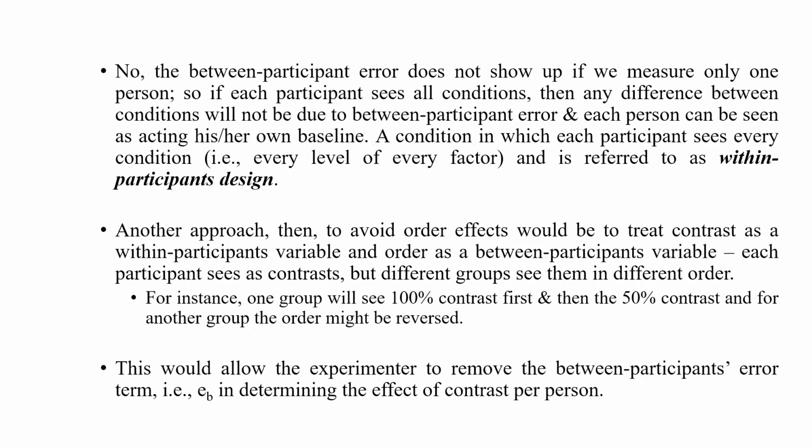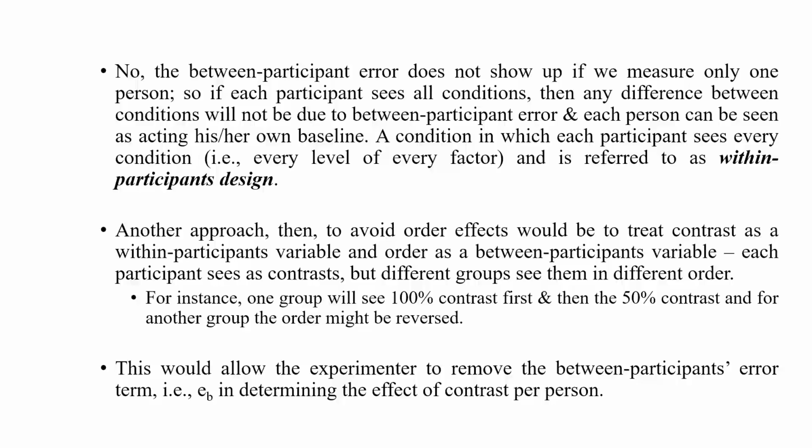Now, the between participant error does not show up if we measure only one person, obviously, because it is the same person. So, if each participant sees both conditions, or all the 10 conditions in this last example, then any difference between the conditions will not be due to between participant error, but only due to the difference in these contrast steps, the baseline.